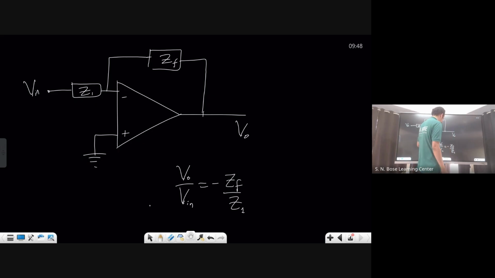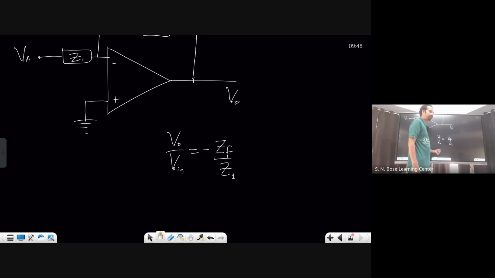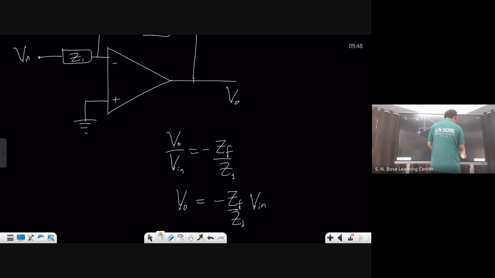Their RMS or peak values are related by the modulus of this. But this complex relation will tell you the rest. So V naught is minus ZF by Z1 into V in. If I take V in along the real axis, where is this complex number, including the negative sign? The negative sign is also part of that complex number. That will decide the phase lead or lag. You got a point.